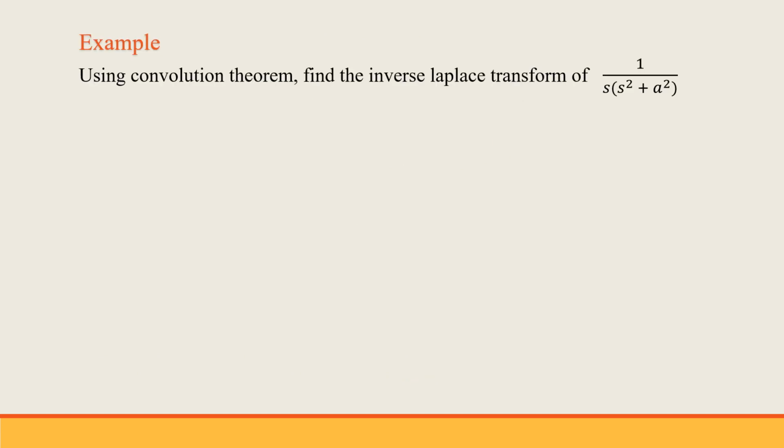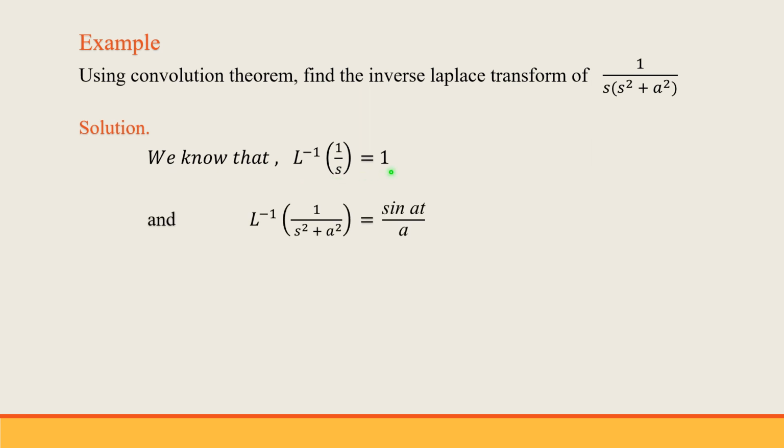Let us take one more example. Using convolution theorem, find the inverse Laplace transform of 1 by s into (s square plus a square). Solution. We know that Laplace inverse of 1 by s is 1 and Laplace inverse of 1 by (s square plus a square) is equal to sin at by a.